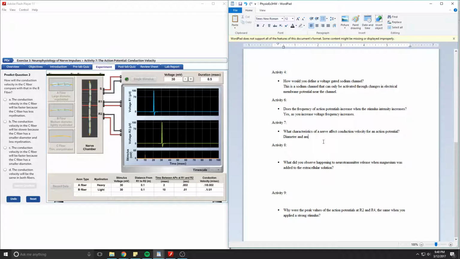So smaller diameter and less myelination cause the conduction velocity to be slower.